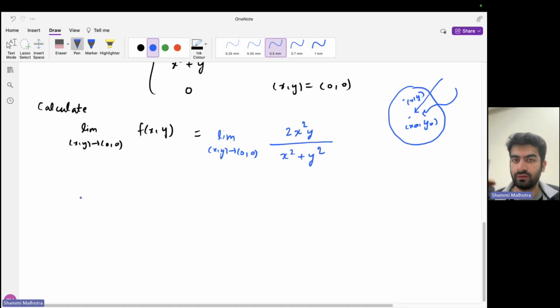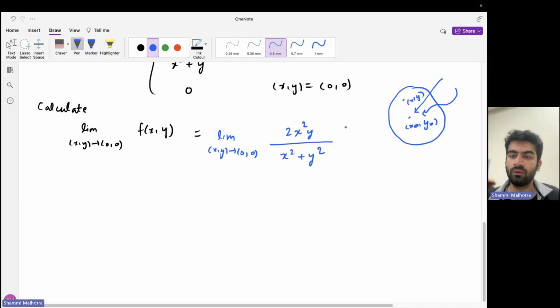Let's first of all, since x and y are tending towards 0, compute how we can calculate this ratio. One rule of thumb to keep in mind when calculating these types of limits is to calculate the degree of the numerator and denominator. If the degree of the numerator is more than the degree of the denominator, there's a higher chance that the limit will exist.